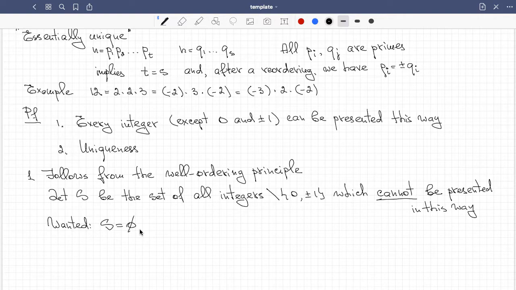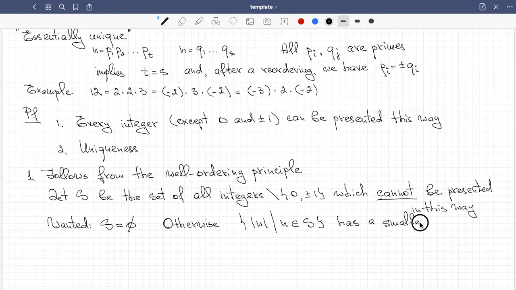Otherwise, the set of absolute values of integers in S has a minimum element, the smallest element.